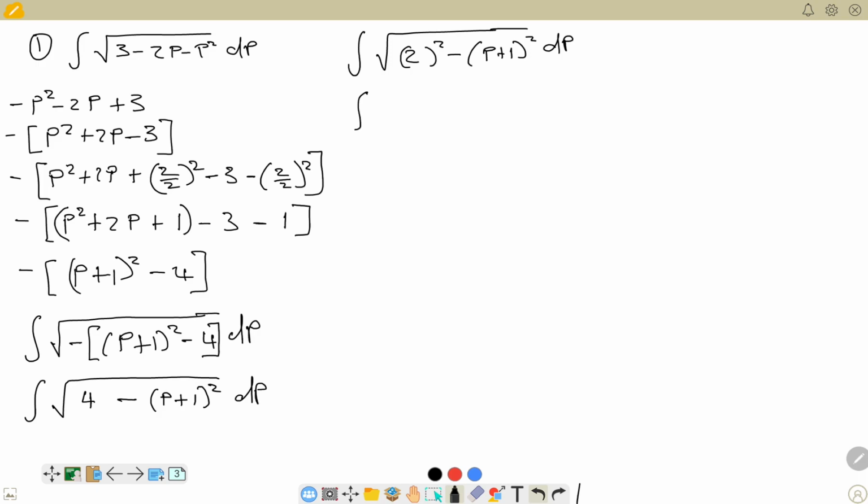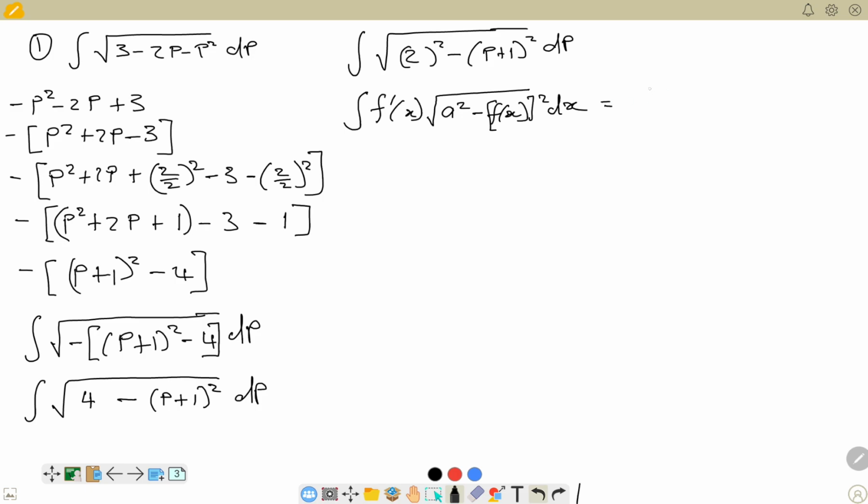And this is the formula: the integral of f prime x over the square root of a squared minus f of x squared dx. Now, in the place of x, we consider that p actually represents x in this case.